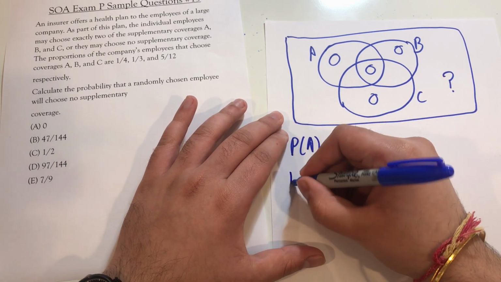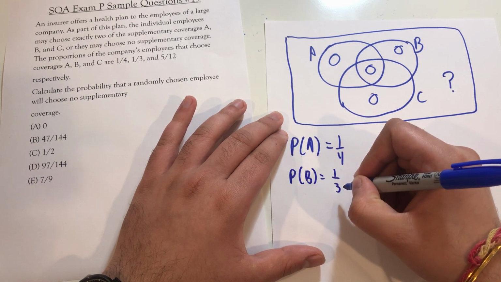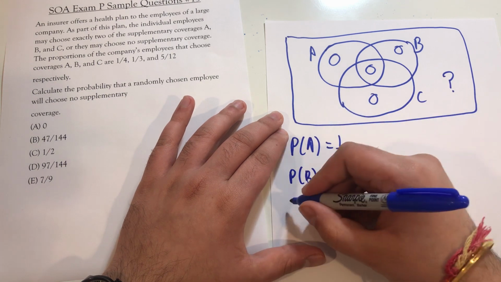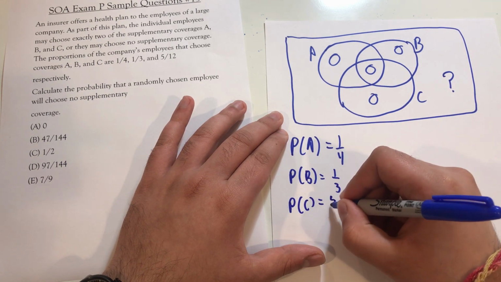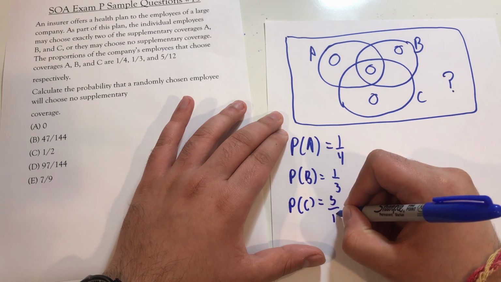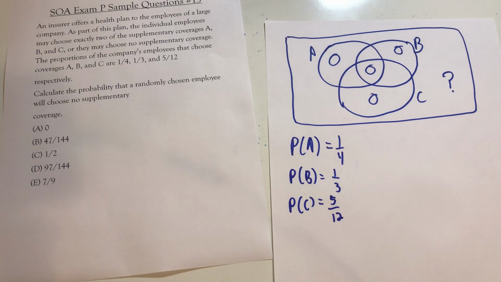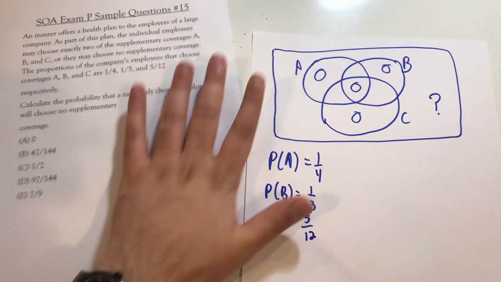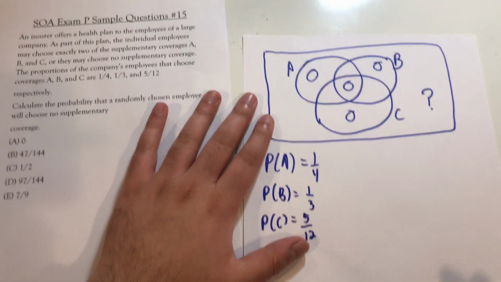And similarly, the probability of B is 1/3, and the probability of C is 5/12. All right, now let's look at what these could be. What I'm going to do is start off just labeling these X, Y, Z.